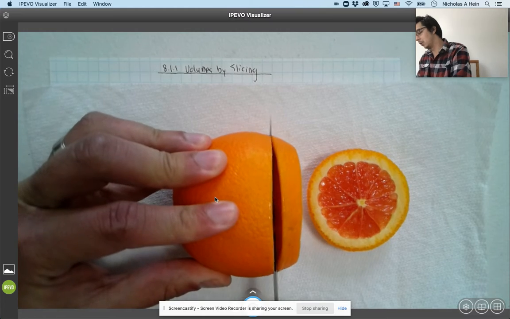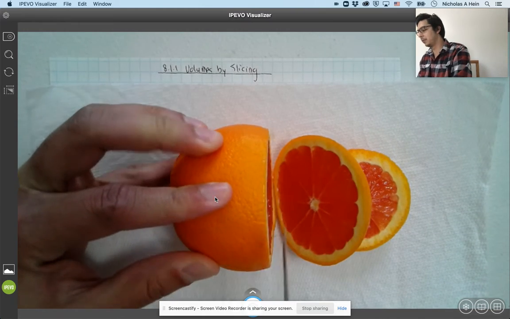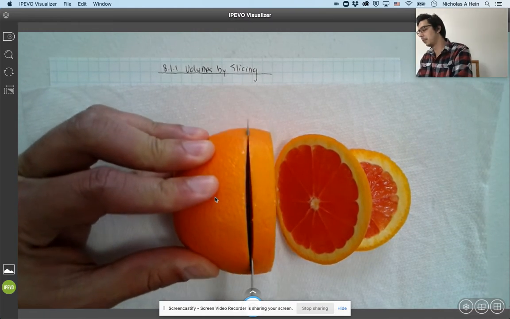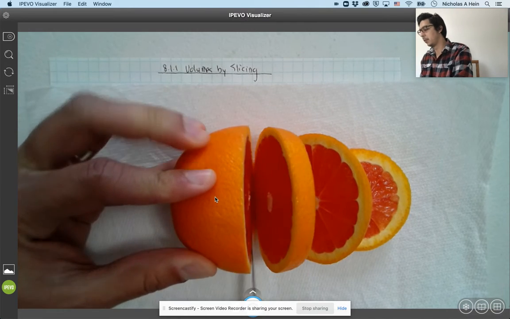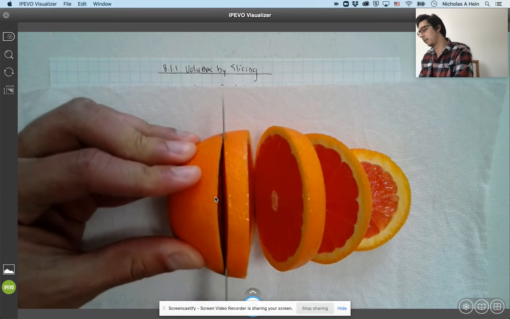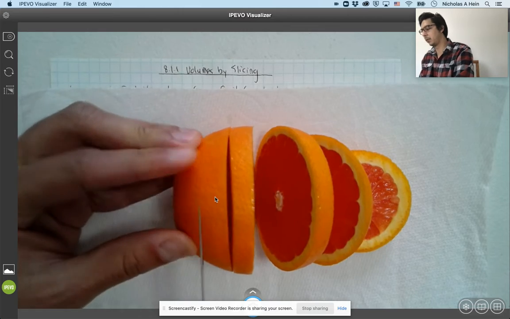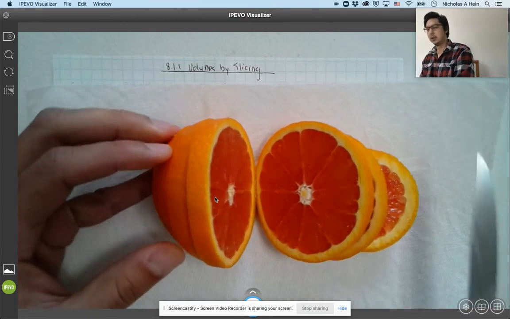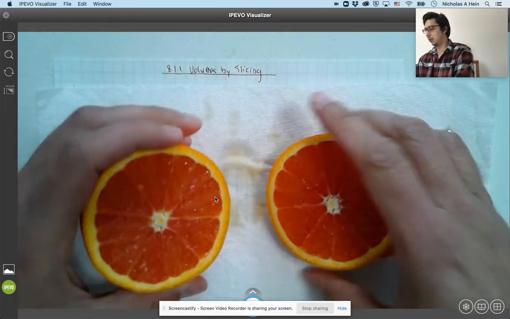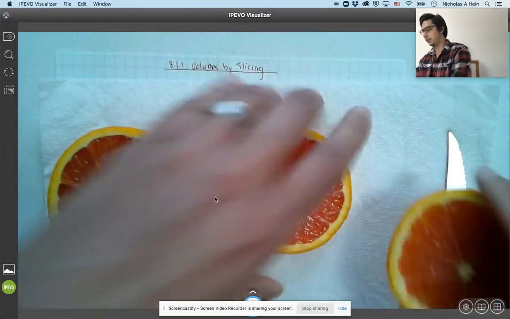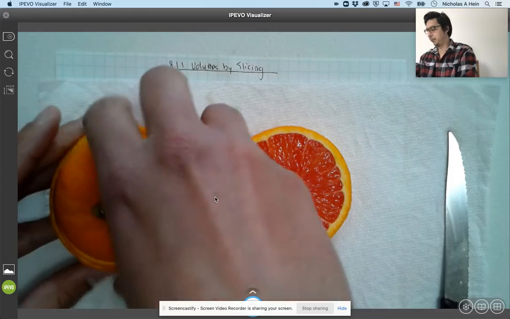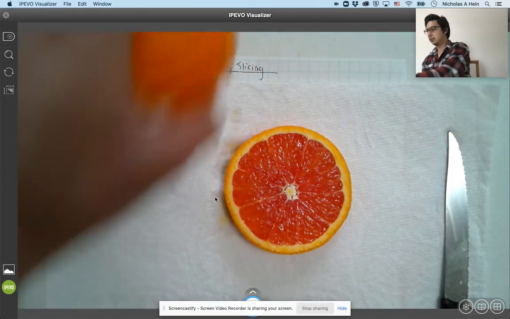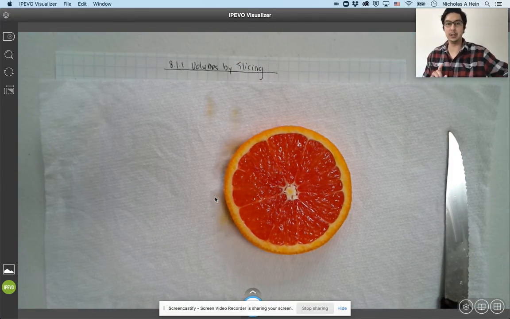So I'm going to cut this orange up into these cross sections. Okay. And there you go. So there's some cross sections, and I'll take one away to study it. Look at those later. Okay. Put that orange there for me to eat.